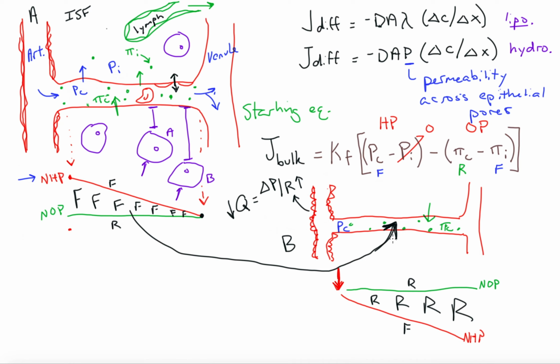But what I'm getting at here is that we filter in perfused capillaries, we reabsorb in unperfused ones, and any excess, and there is excess produced, will end up being taken up by, you guessed it, lymph, the lymph vessels.